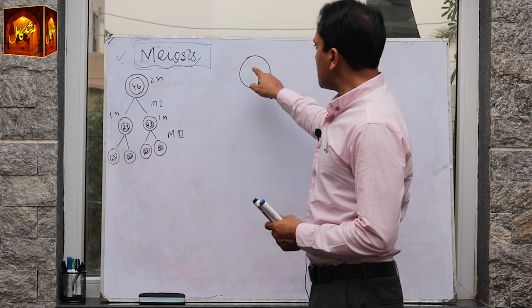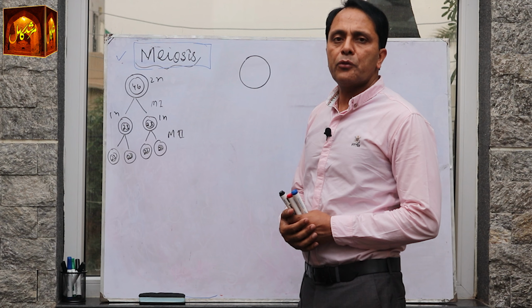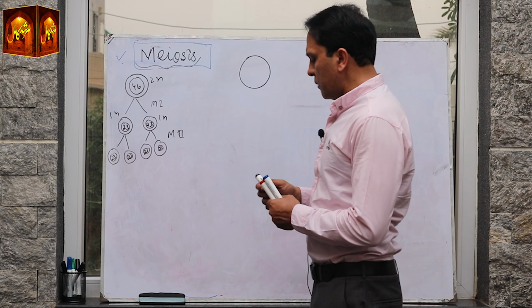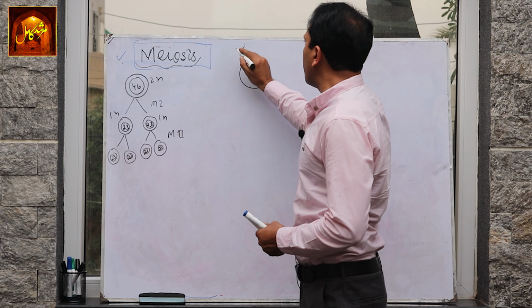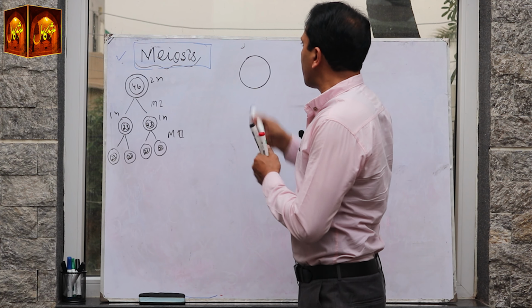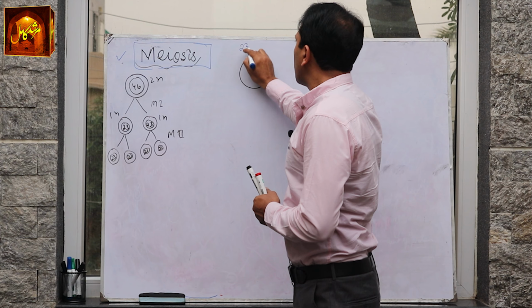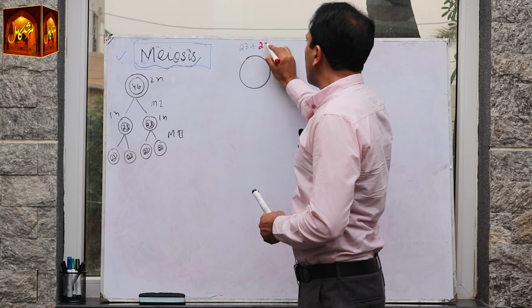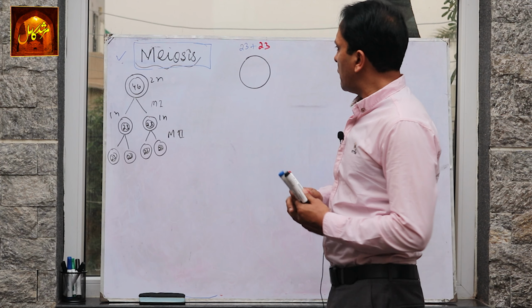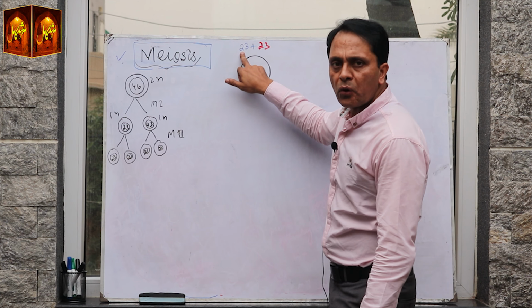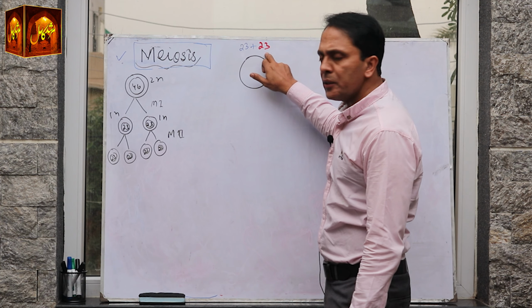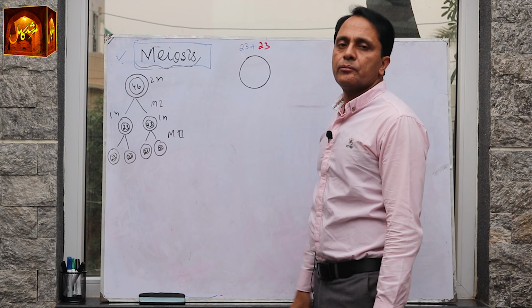This spermatogonium cell was a diploid cell, with 46 chromosomes. In this cell, actually, there is a combination of two different types of chromosomes. There are two sets of 23 chromosomes. The first set is from the paternal side, and the second 23 set is from the maternal side.